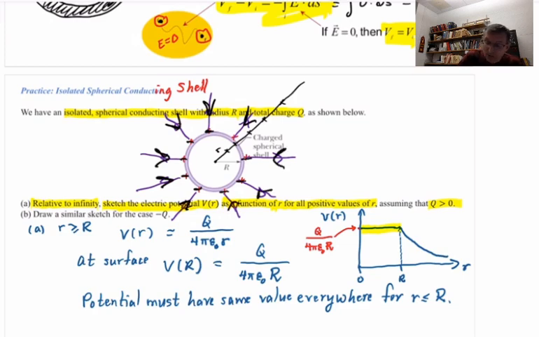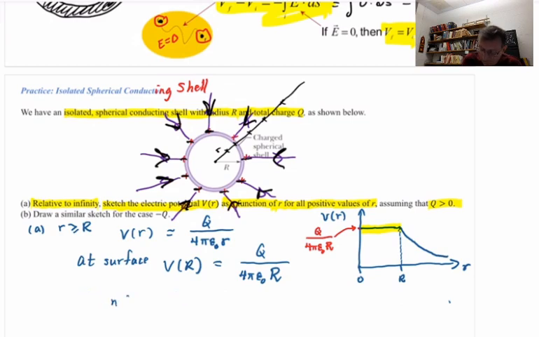And what would the plot look like? Well, let me give myself some room here because I'm just going to add it to this plot for part B. Well, I would still have a formula like this for points outside the shell, but now that big Q is negative, right? So I would just write it like that. And then again, negative.